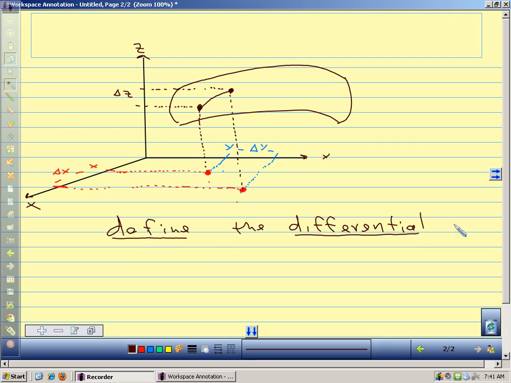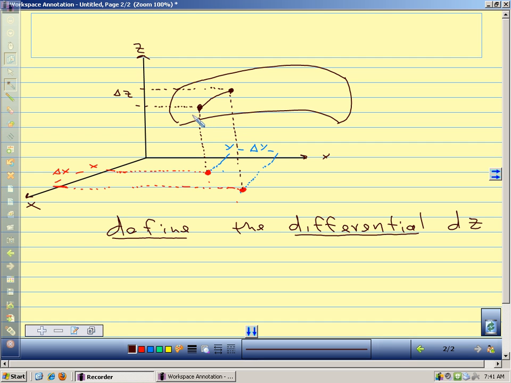We call the differential dz of our function the change in height of the tangent plane from this point to this point. So we're going to find our tangent plane at this point on our surface, and we're going to find the tangent plane at our new point, and we're going to approximate the change in the function by how much the tangent plane changes.